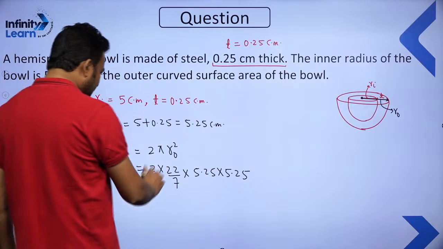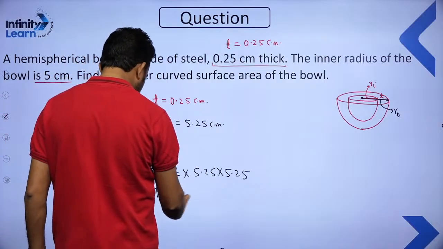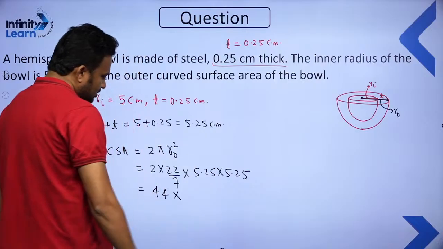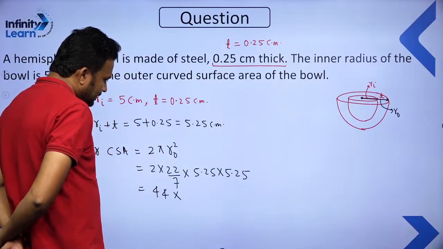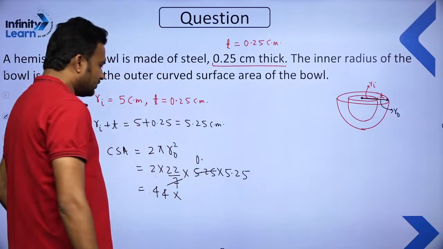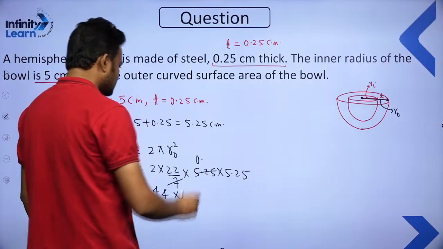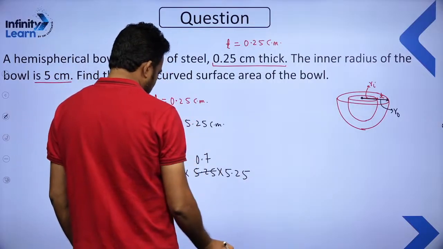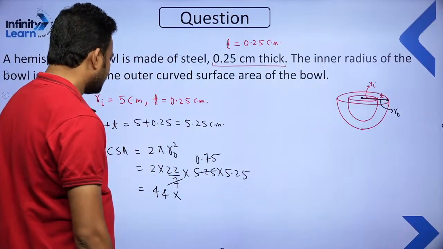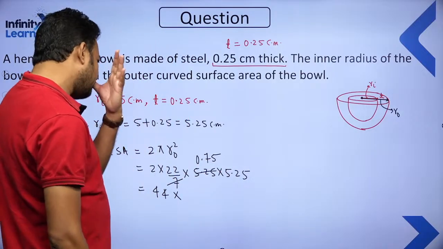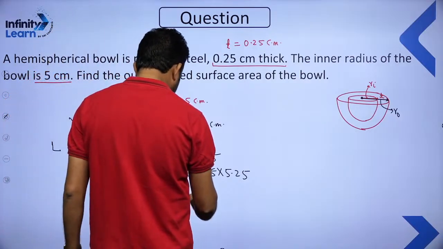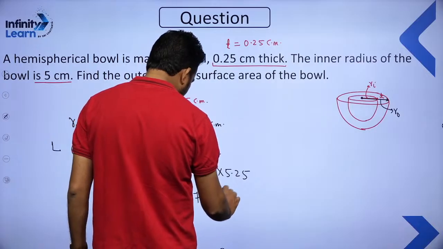See, so 2 into 22 is 44, right? So let us simplify this. 7 sevens are 49, then 35, 7 fives are 35. So this is 0.35 and 0.35. So this is 0.75 into 5.25.